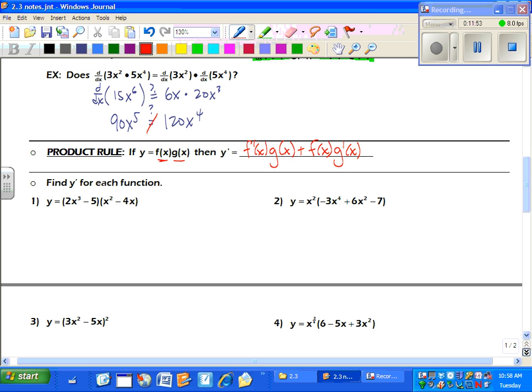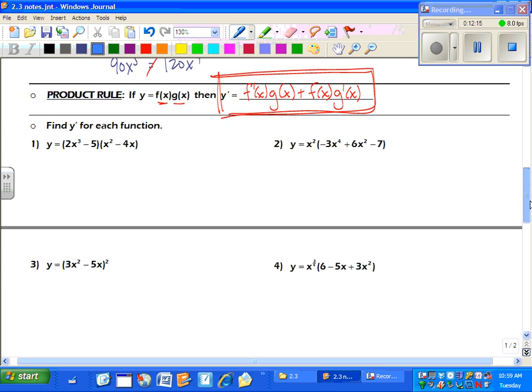Those of you in honors learned this last year. I don't think regular pre-calc learned it. Okay, so this is definitely something you want to put on your chapter review guide. Something you need to know.